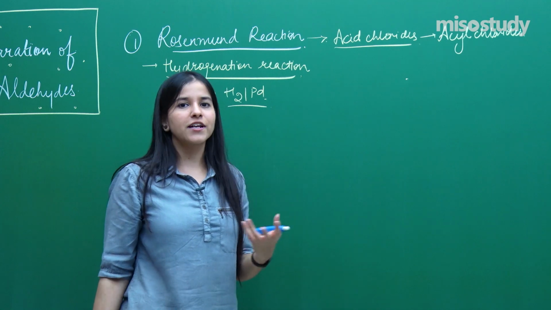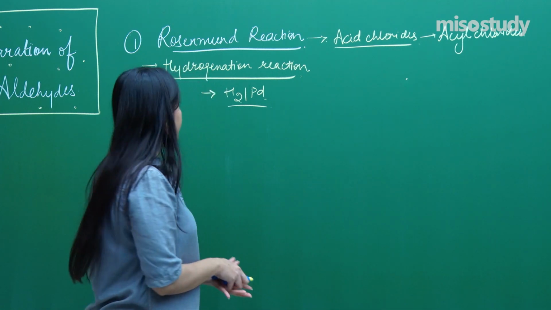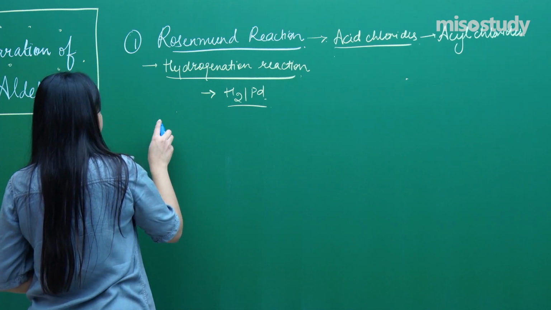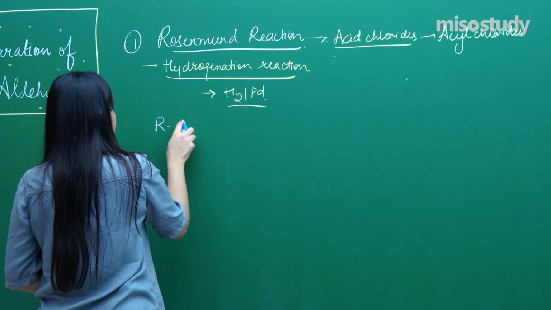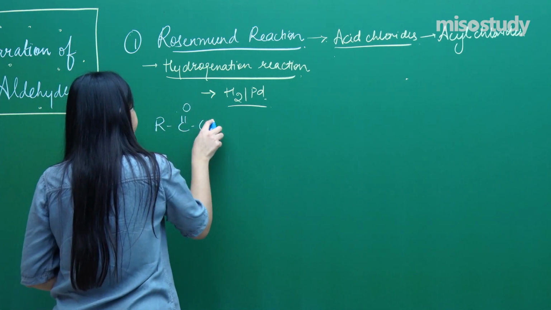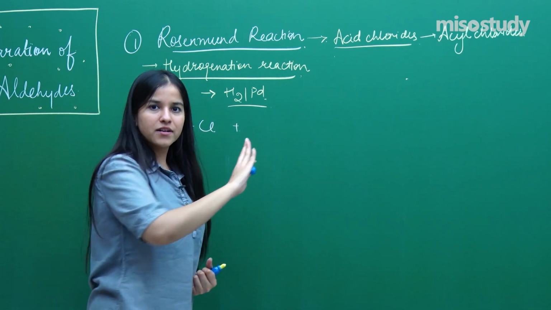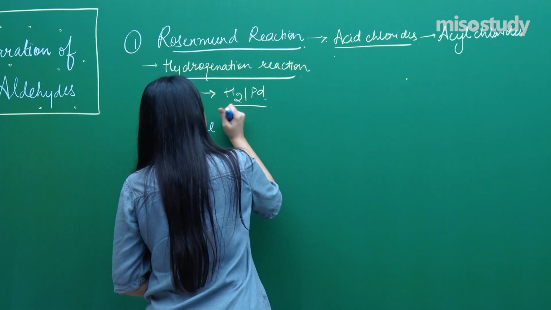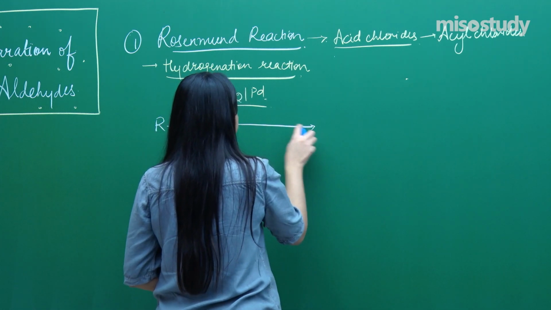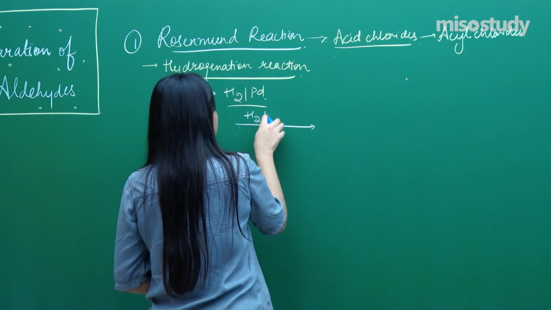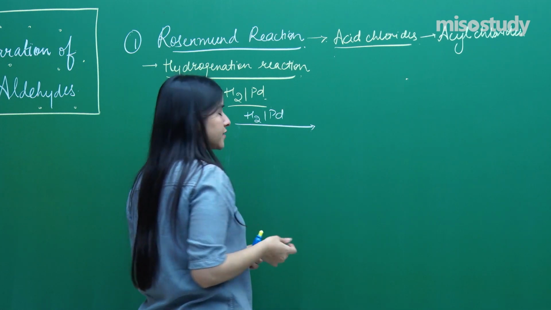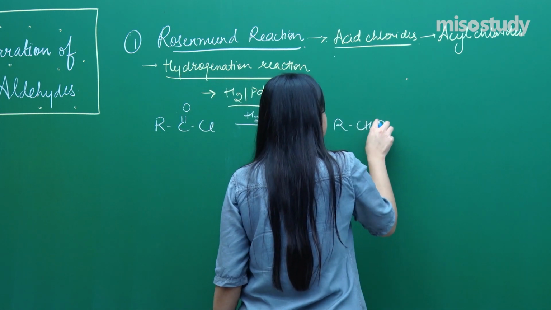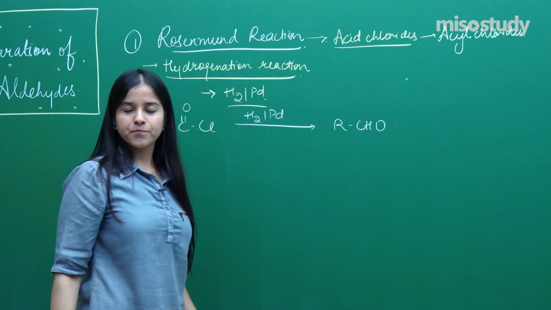So naturally I will be taking H2. Here I need the acid chlorides, and in the general reaction, RCOCl, I need to hydrogenate it with H2/Pd, and what will I get? RCHO. Is this right?